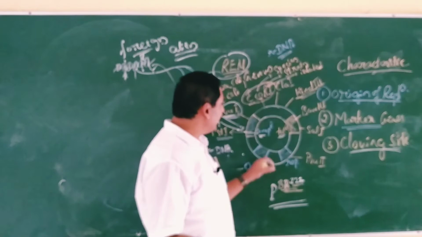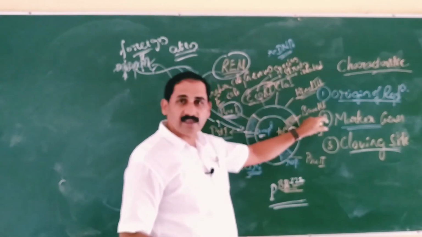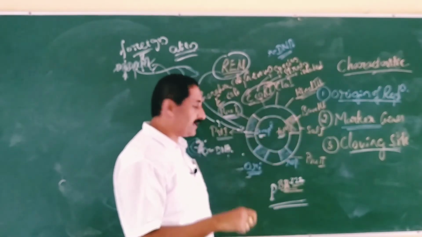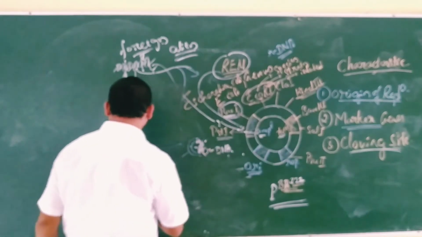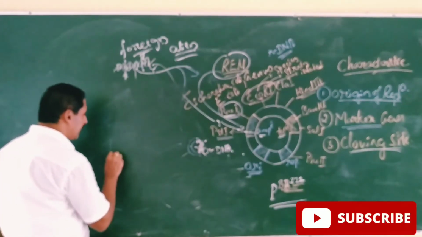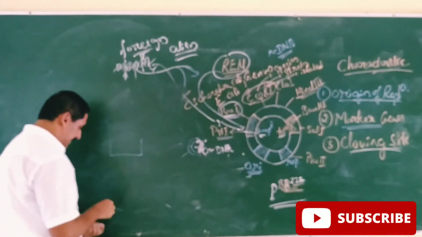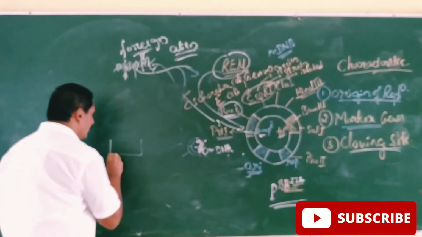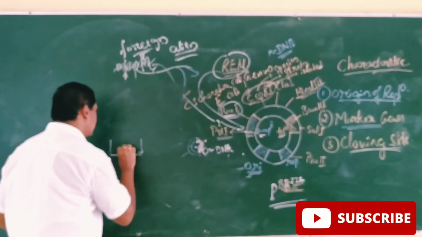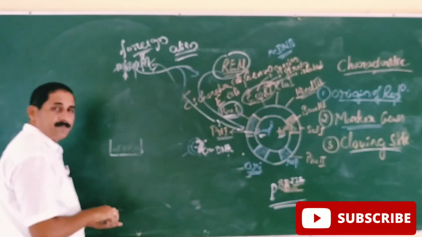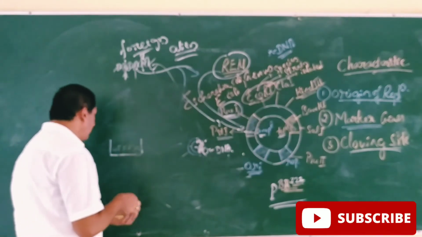We can also identify the recombinants from non-recombinants by a method called the plating method, to identify different colors. Usually, when you grow the bacteria in a nutrient media, the bacteria form a colony.